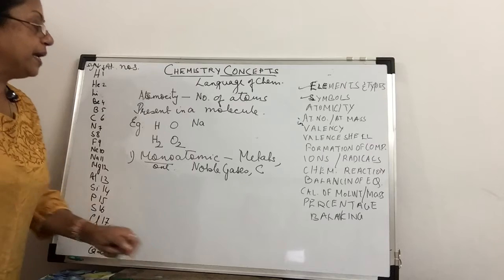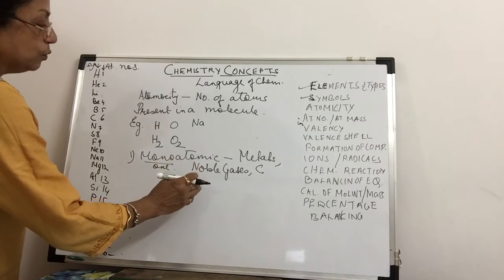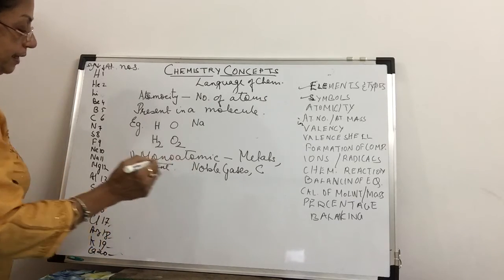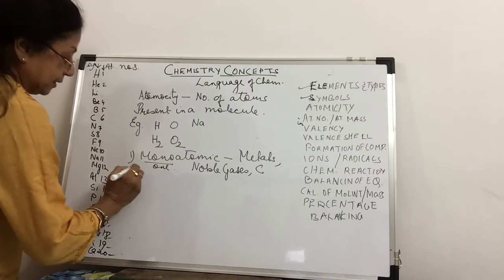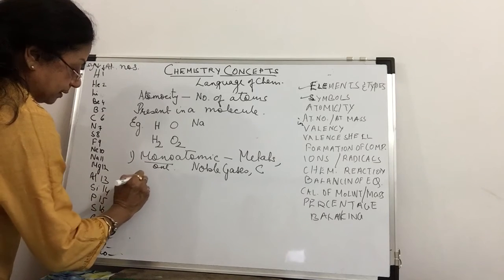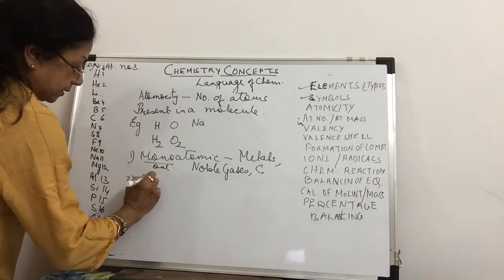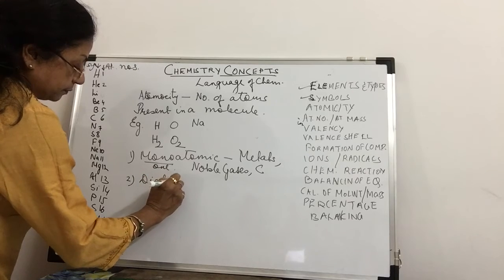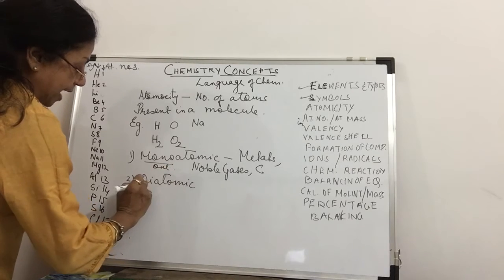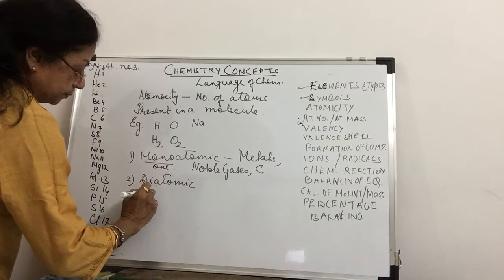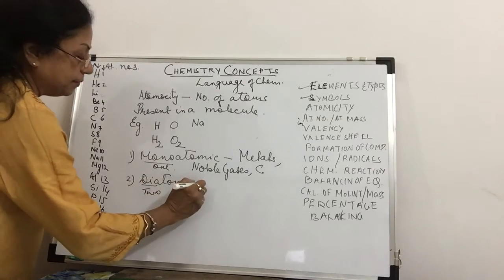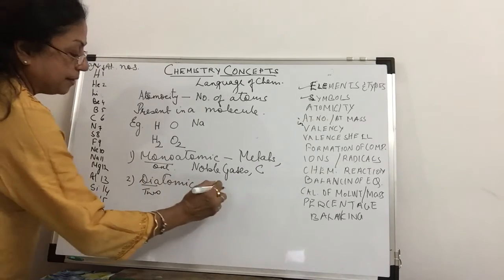Now from there we come to another very important thing, that is the second one, diatomic. Di means two. So which elements are diatomic?